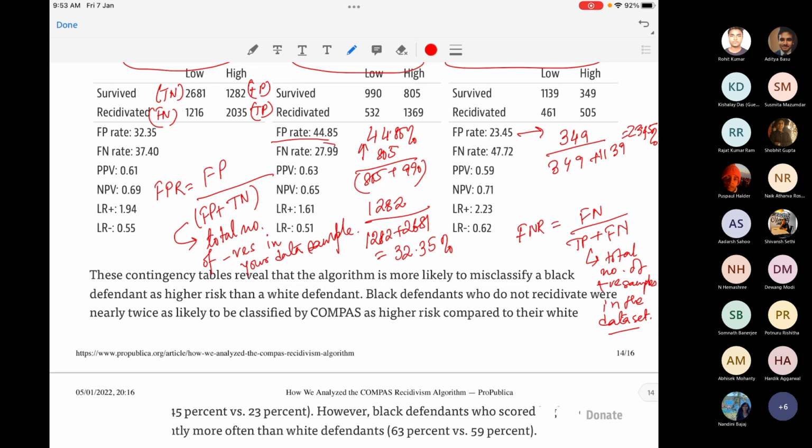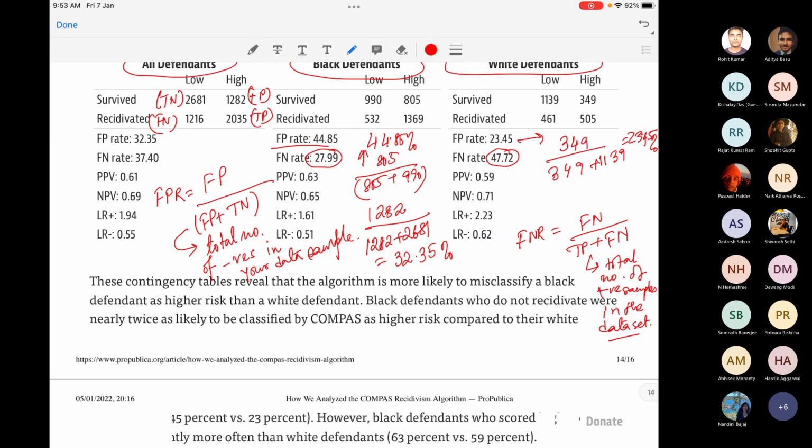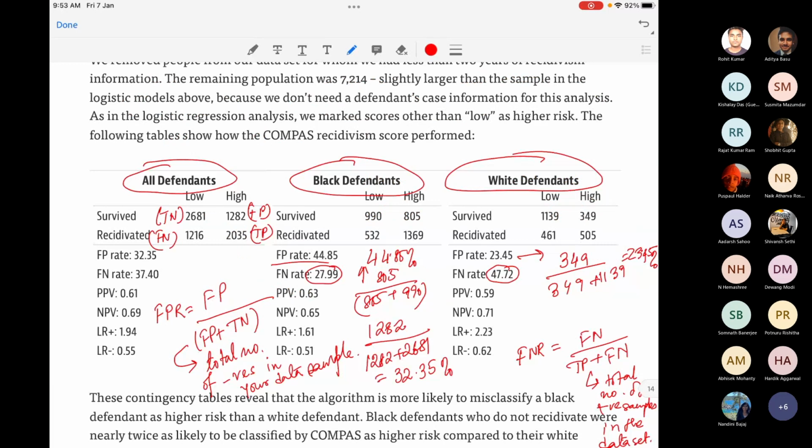The false negative rate for the blacks is 27.99 and the false negative rate for the whites is 47.72. What does this mean? What does a higher false negative rate indicate?